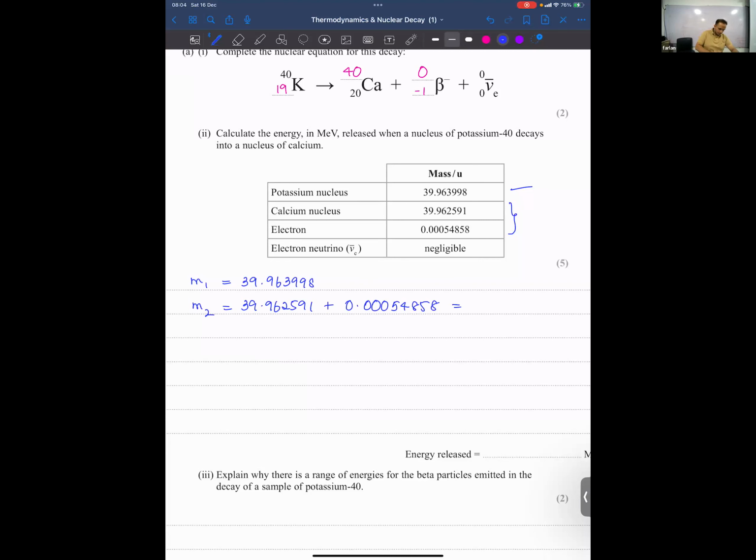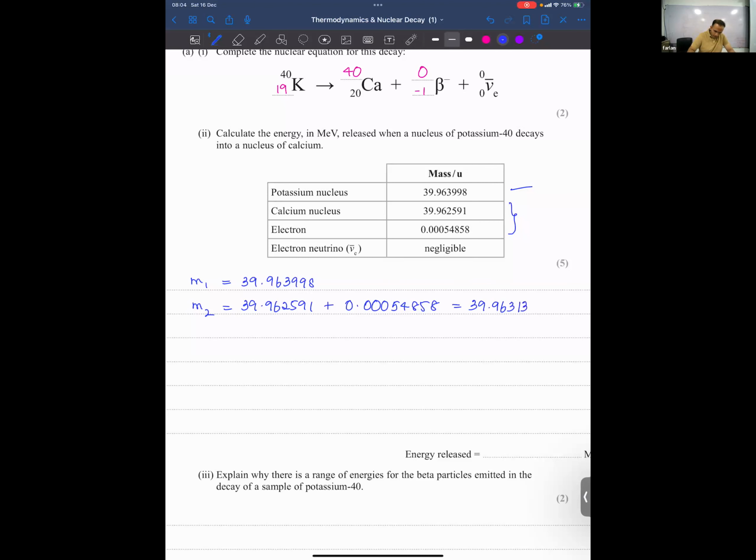That is going to be 39.963139. I'll take it to 6 decimal places. M1 is also 6 decimal places.